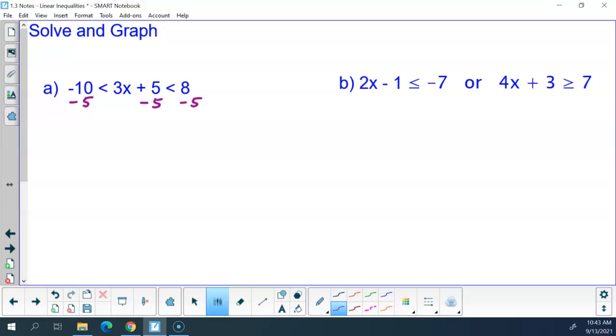So then that gives me negative 15 is less than 3x is less than 3. Then I'm going to divide everywhere by 3. And that's going to give me negative 5 is less than x is less than 1.